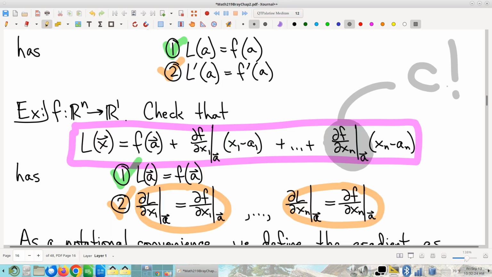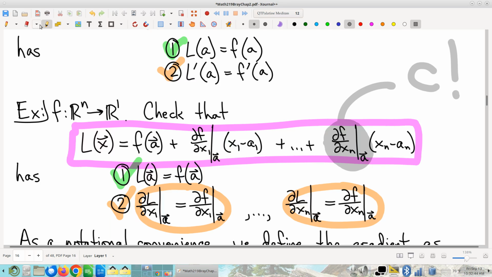And just keep in mind this bar here, this vertical bar with a little subscript with a point. That's just a notation, an alternate notation that says, yeah, take this function and evaluate it at that point.